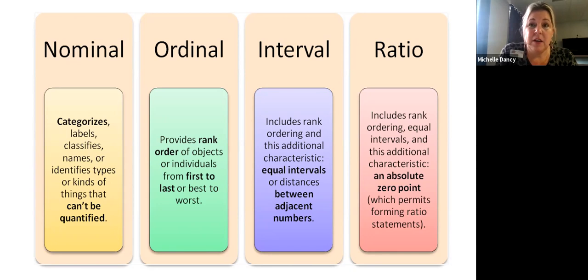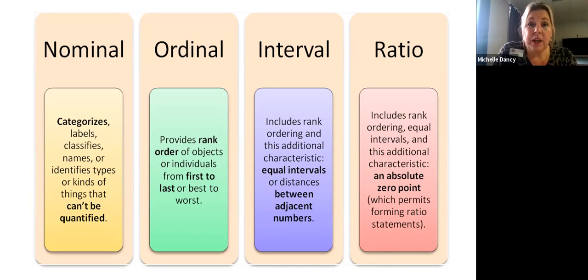So married versus single. Those are just characteristics or categories or labels, but married's not better than single. Single's not better than married, okay? So man versus woman, male versus female. They're different categories, but there's no ranking. One's not better than the other.